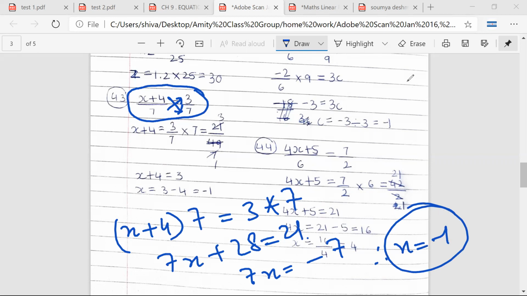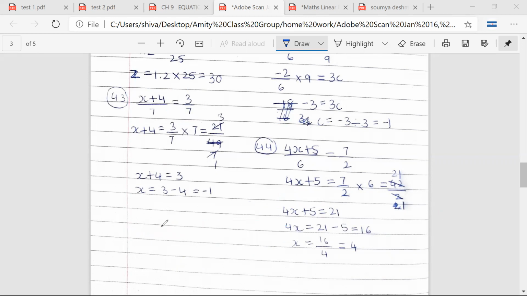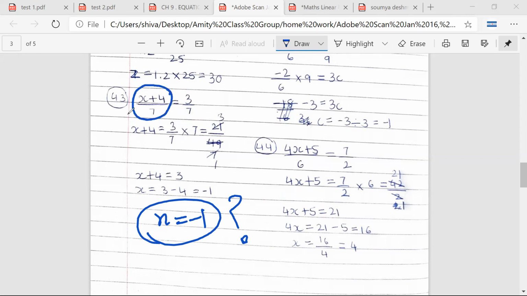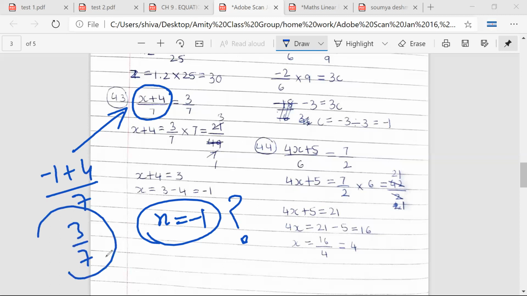No, sir. Okay, Aishwarya ji, if you want to check this answer, x is equal to minus 1, is it correct or not? What you should do? You should substitute it in the equation. You go back to your first initial equation, and you put the value of x here. So then minus 1 plus 4 upon 7 is equal to 3 upon 7, which is correct.